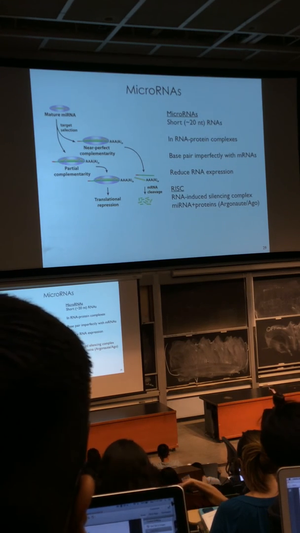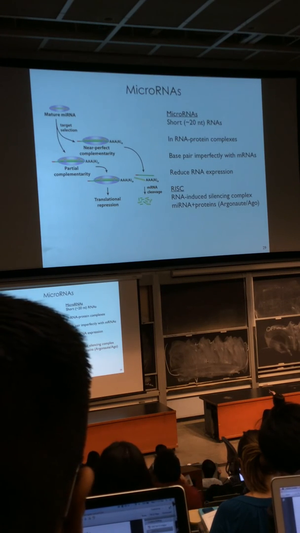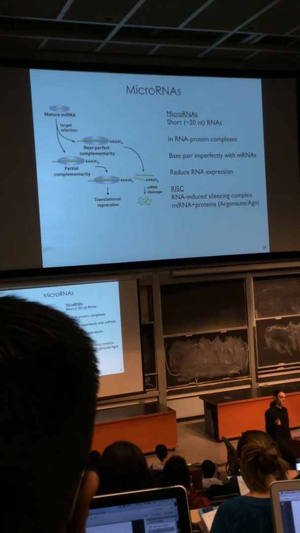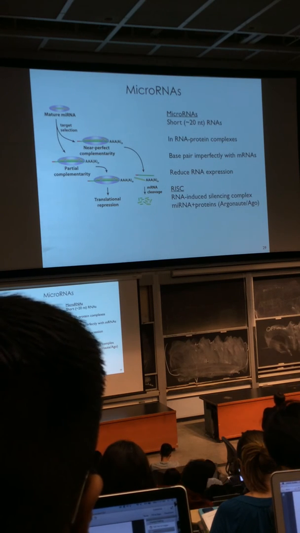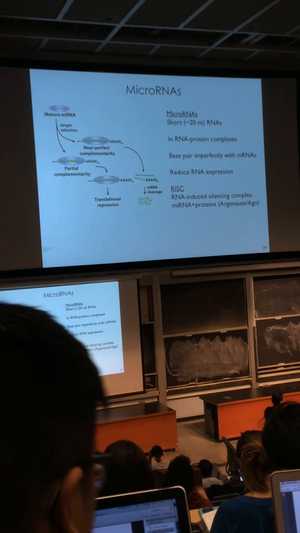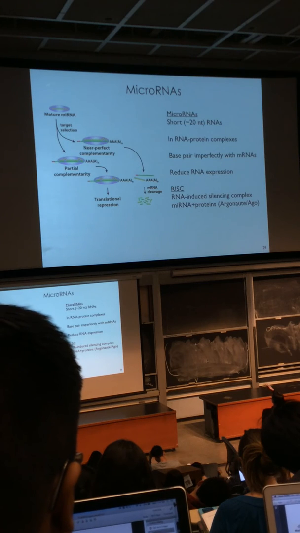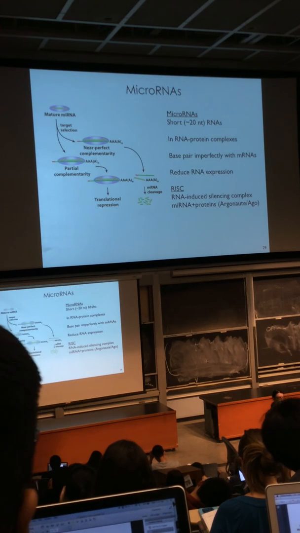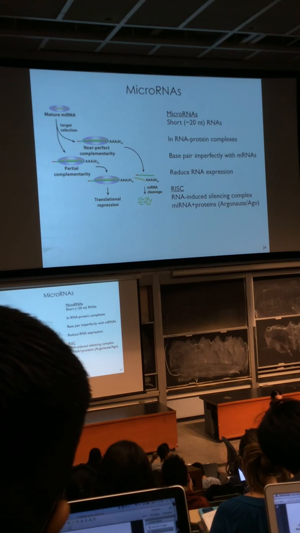And so the complex of a microRNA, this tiny little RNA with the protein factors that are responsible for silencing RNA expression, is called the RNA-induced silencing complex, and this protein called argonaute is probably the most important factor in here. So these microRNAs are not simply produced in the cell as a tiny 20 nucleotide transcript by RNA polymerase.